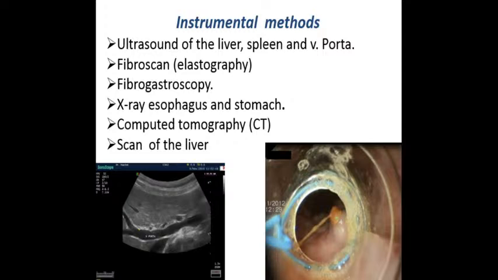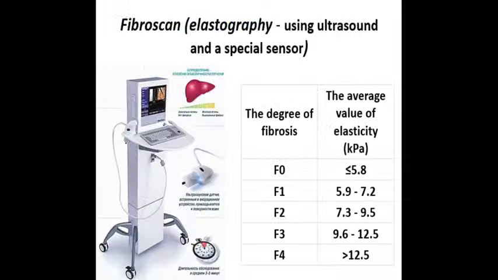And we must do instrumental methods: ultrasound of the liver, spleen, and different vessels, especially the portal vein. And FibroScan, elastography, to determine the degree of fibrosis. Fibrogastroscopy, X-ray examination of the esophagus and stomach, computed tomography, scan of the liver.